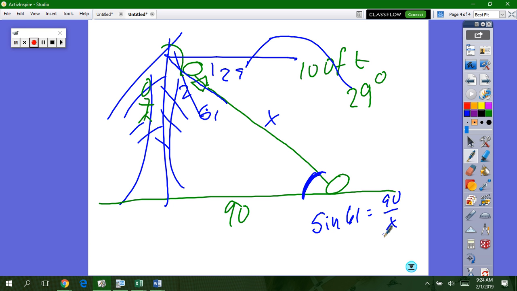I'm confused about how it's done. Okay, I'm standing here. My tree's not very good. What's this side? That's the opposite. What's this side? Hypotenuse. Oh, okay. Sorry, I was thinking about the 29. Oh, the 29 just helps us find this angle. Okay. Right?